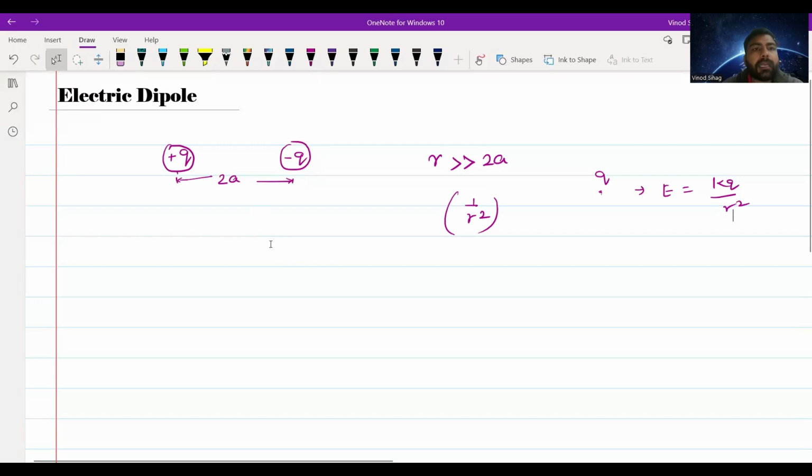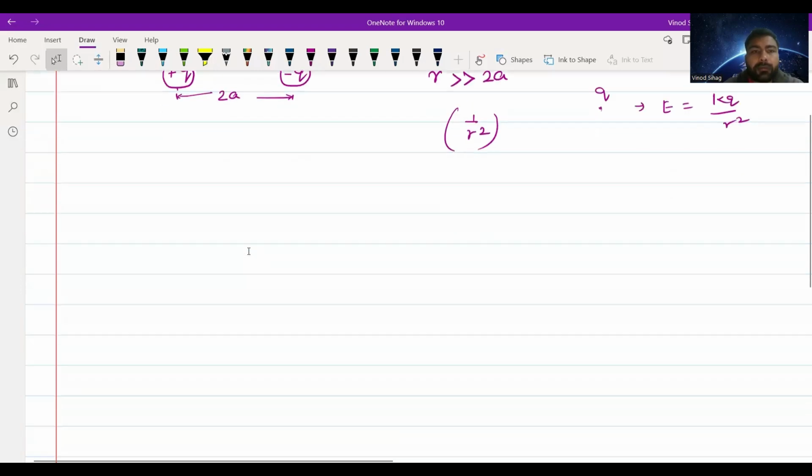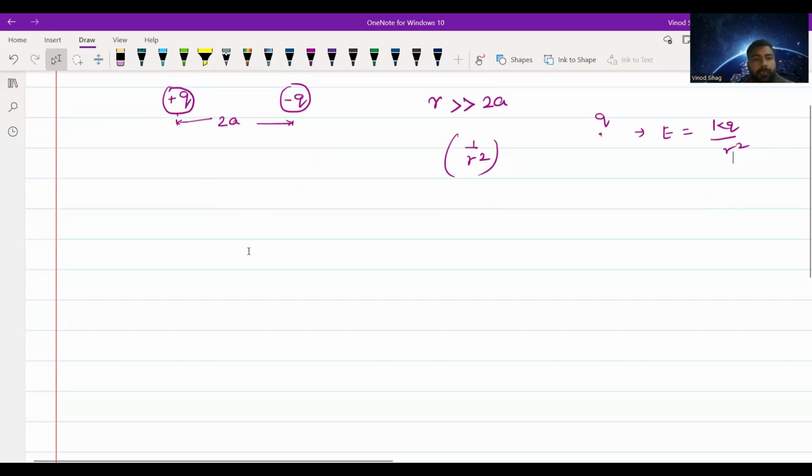And the electric dipole creates an electric dipole moment. तो moment क्या होता है? Electric dipole moment, let us say there are 2 point charges.